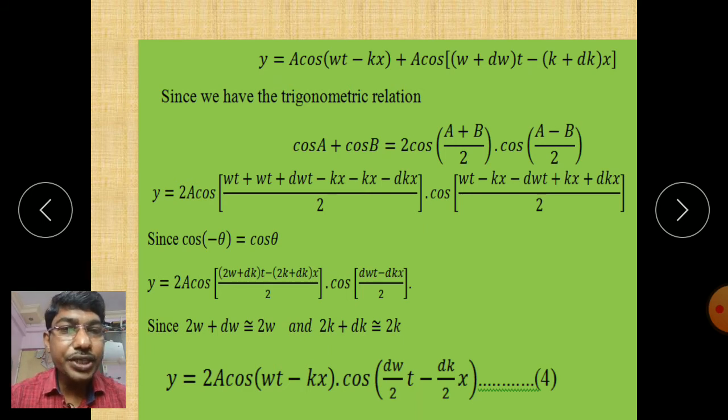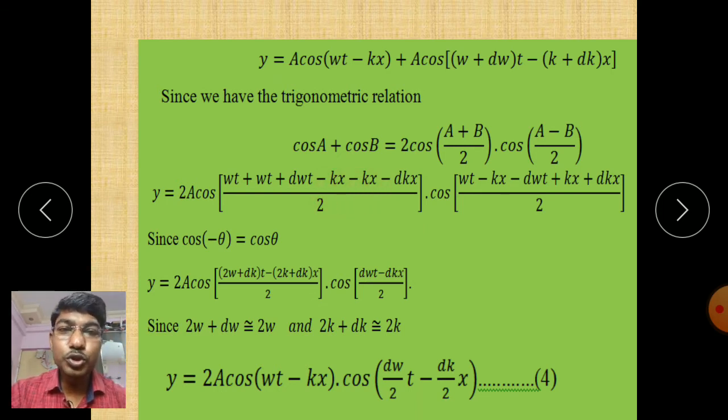This equation you have to practice. By practicing, this is very easy. You substitute (A + B)/2 and (A − B)/2 and we get this. But we know cos(−θ) = cos θ. Therefore, 2a cos, here ω is twice, and also 2k, and kx is common, 2 divided by 2.